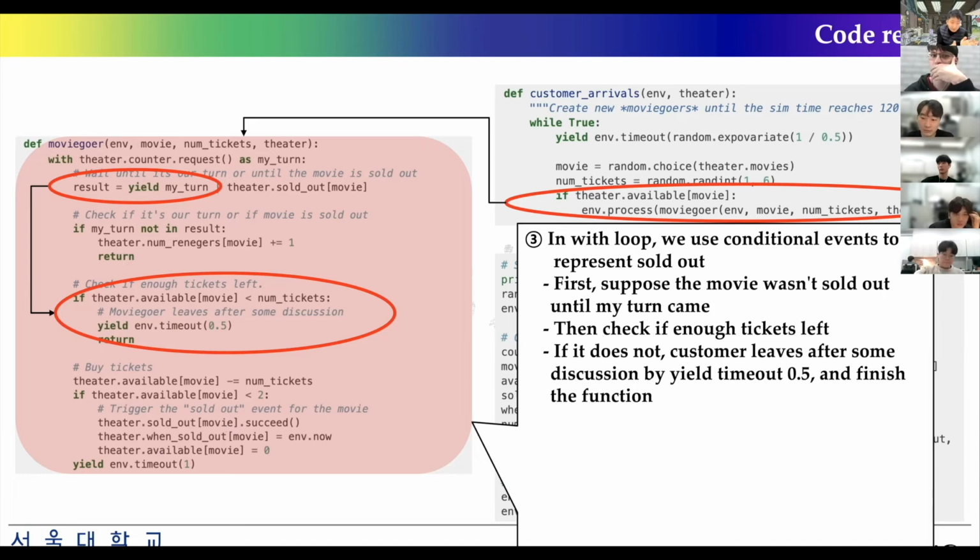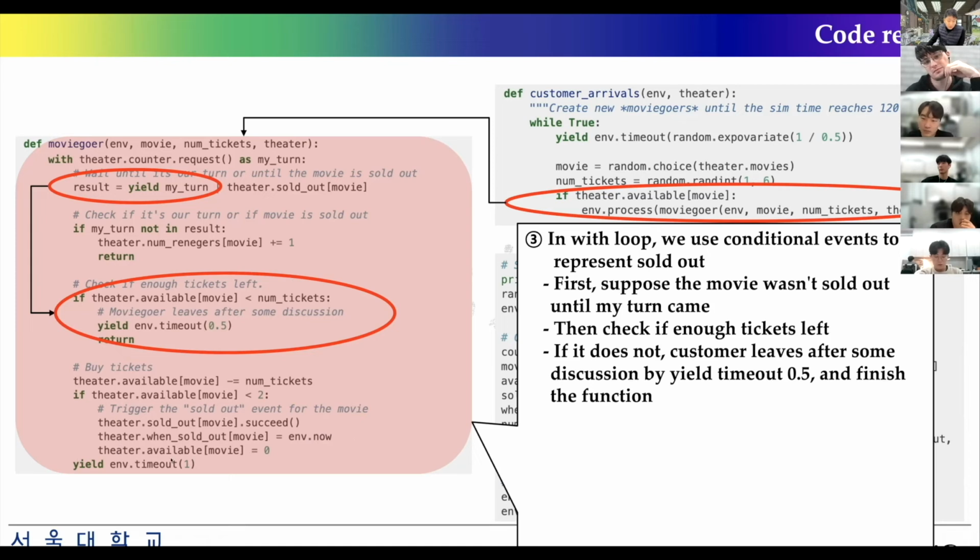So this sold out sign will appear on some signboard of the counter, and can be shown at the counter. And also the time that the relevant movie's tickets are sold out will be saved with the environment.now time.